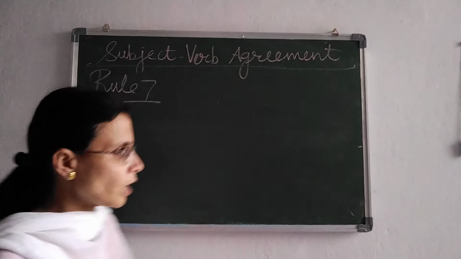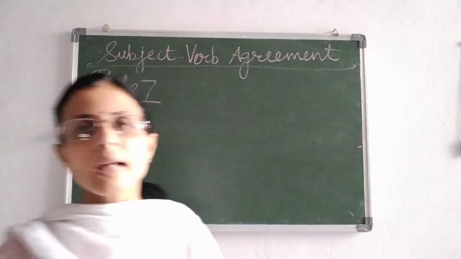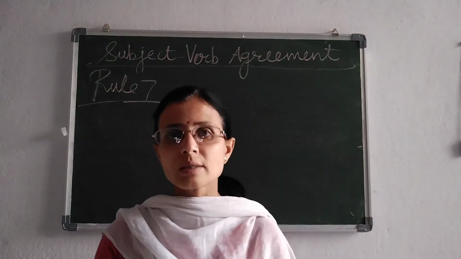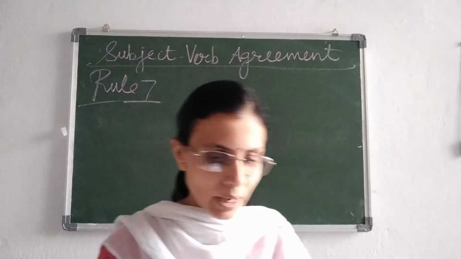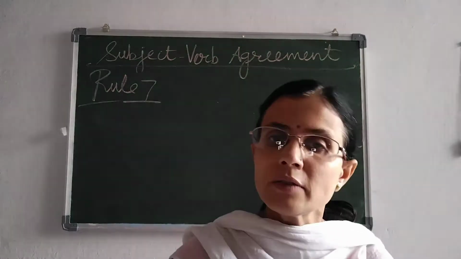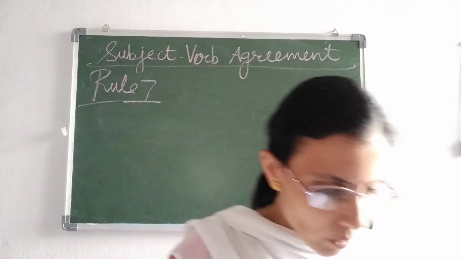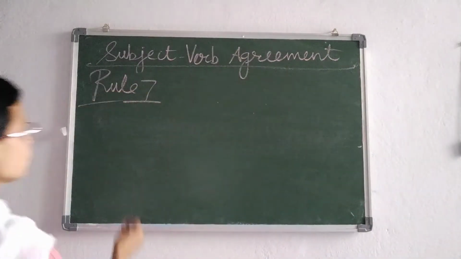Now in one of the rules we have seen that if two singular subjects are joined by either, nor, or, we will take a singular verb. One more time I will give you one example.